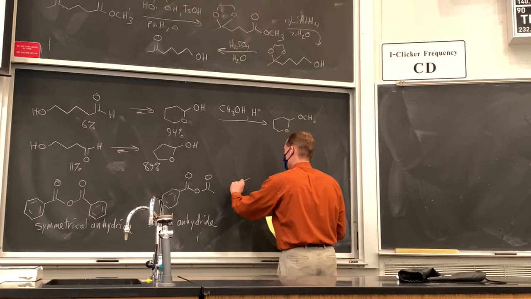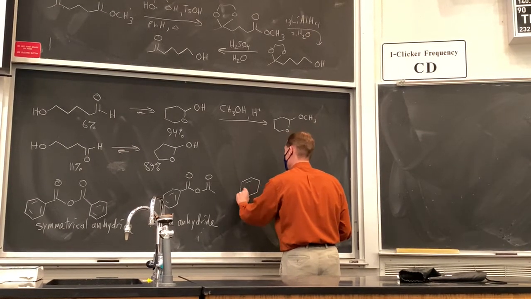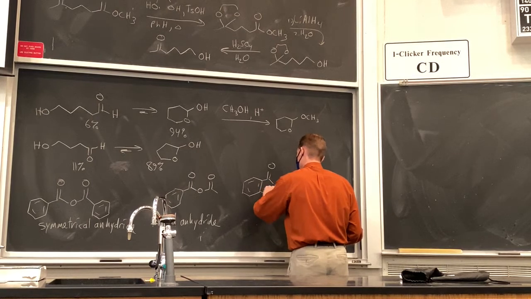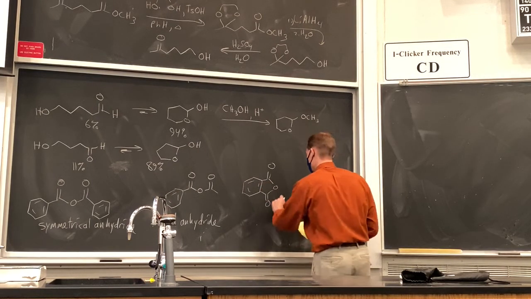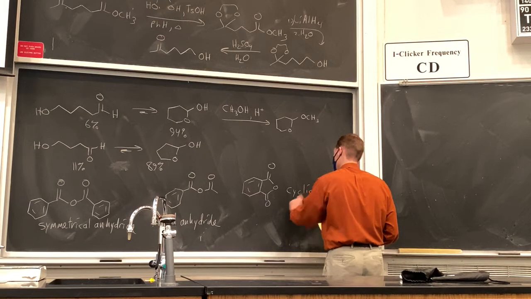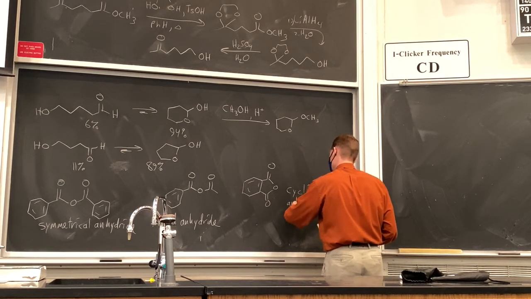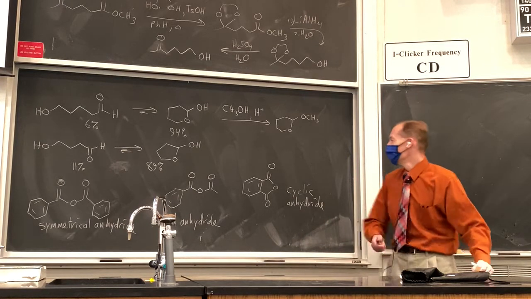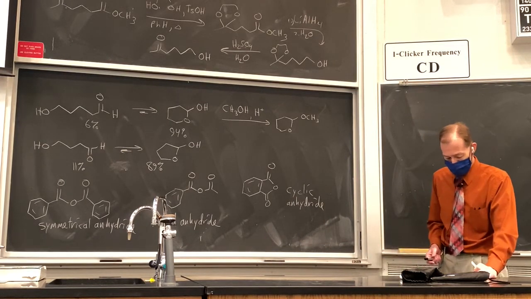And then we can also have the anhydride in a ring. And we would refer to that as a cyclic anhydride. Okay. So just a little bit of vocabulary associated with anhydrides.